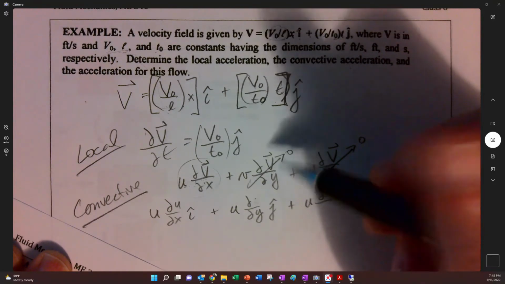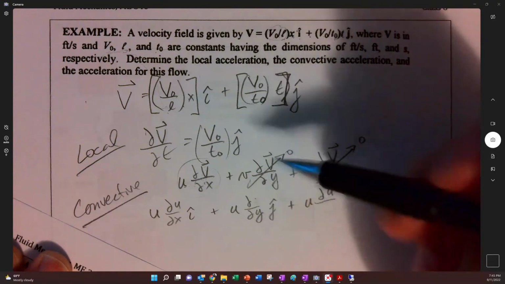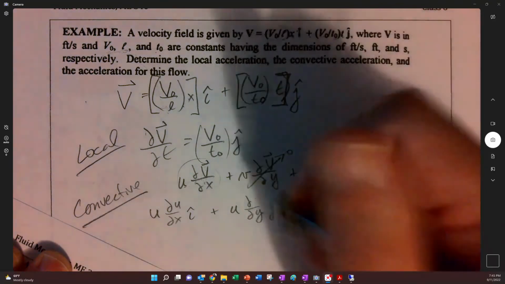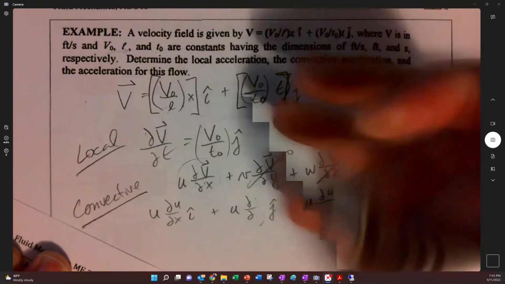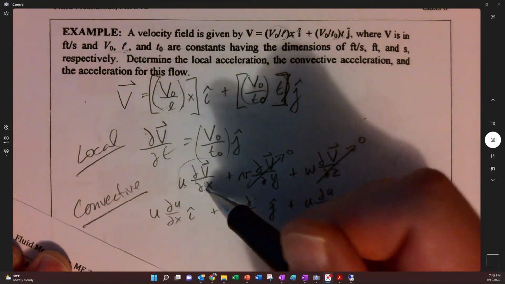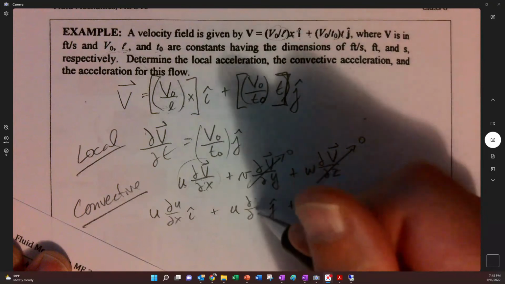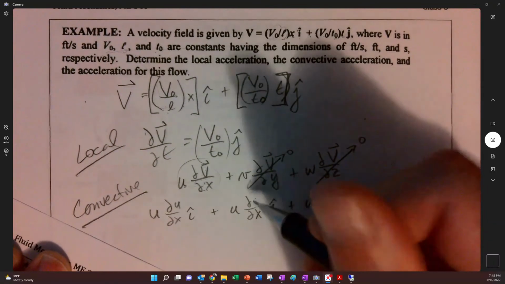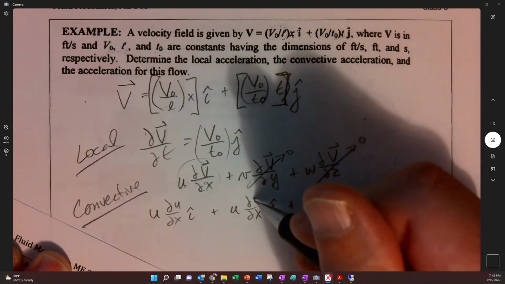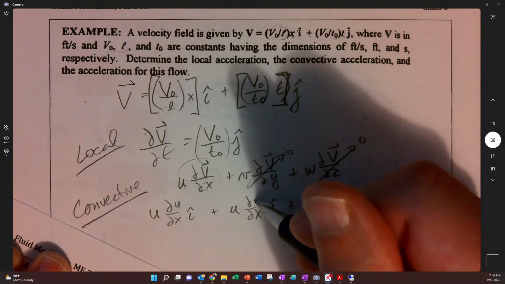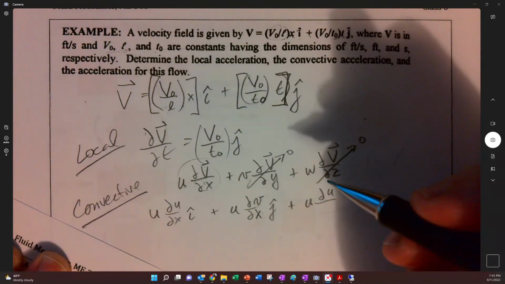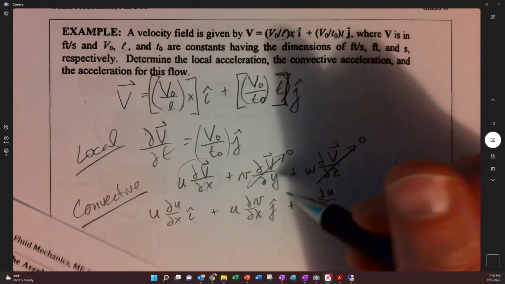Del u, del y, but we already said that del y's are gone. So I want to say that the only way that this could be there is we have to do del x's. So it's going to be del. Do we ever do v? Yeah, I think it's going to be no, because that doesn't exist.